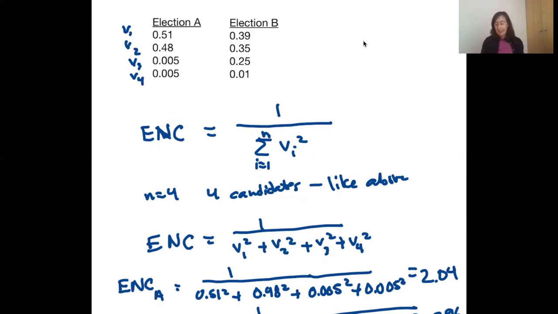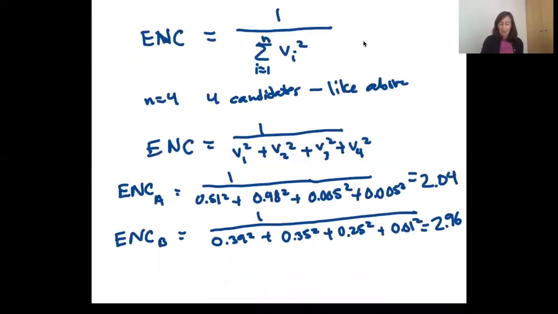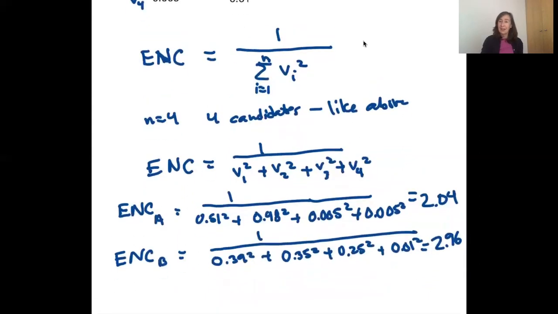Okay, so that's a little segue into fun things one can do with electoral results, and looking at a formula that you're likely to see at some point in your studies. As I said, the reason why we're looking at it here and now is because it is just a use of summation notation in a political science context.